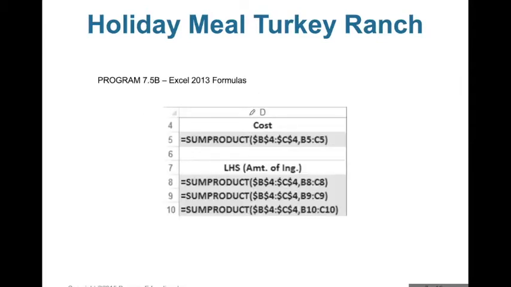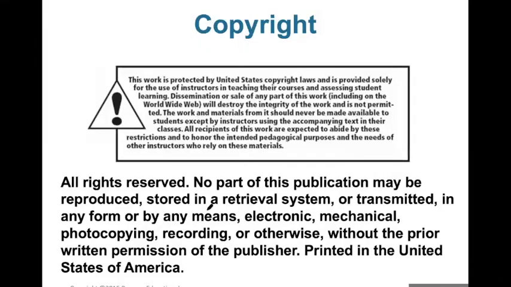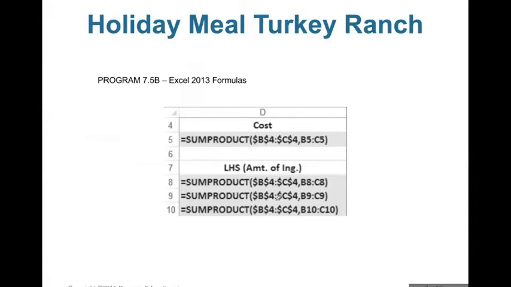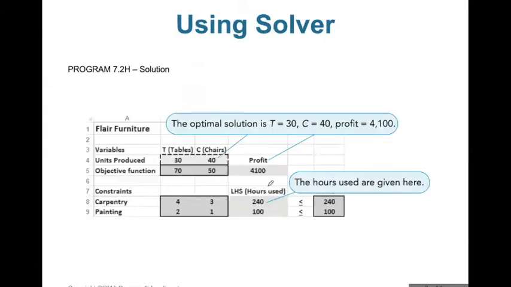So here are the formulas for cost and for left-hand side of constraints. So the same thing, we can use the sum product function in Excel. And then we can get all the formulas and we open. Then we're gonna open the Excel solver and follow the steps as in the maximization problem for using the solver, and then we can solve this problem. Absolutely, you can do sensitivity analysis, but how to do sensitivity analysis?